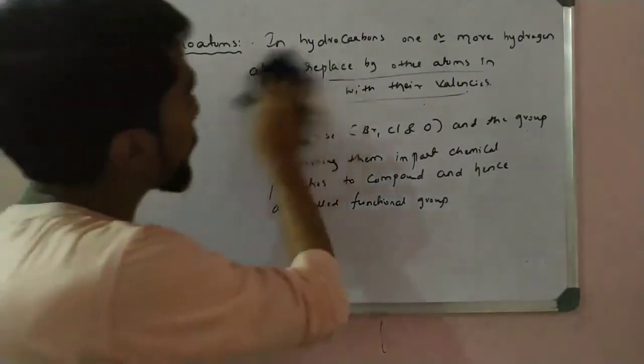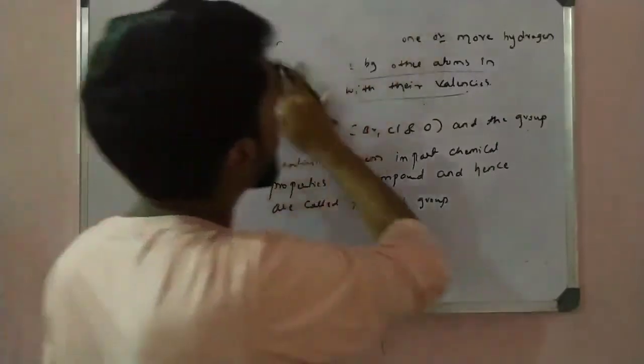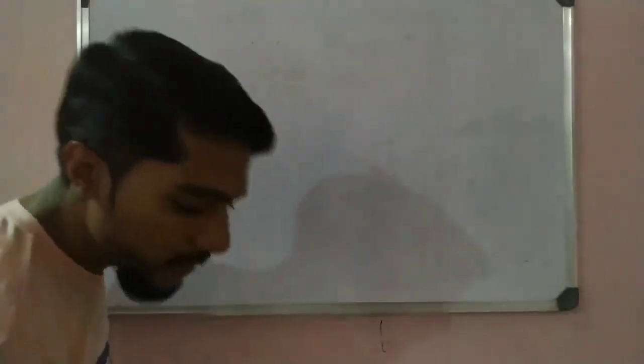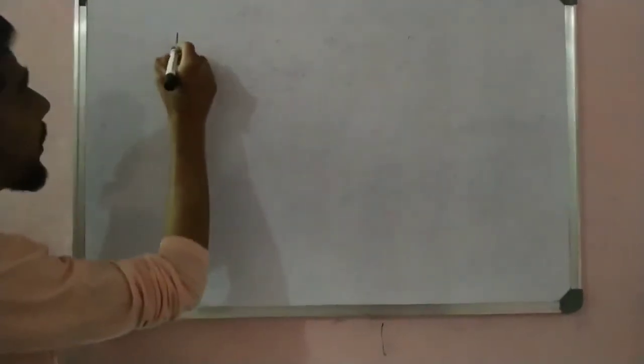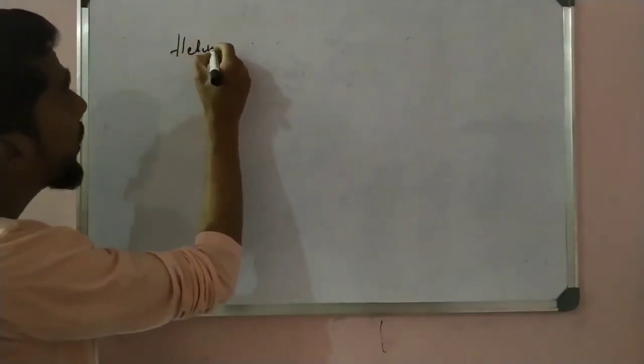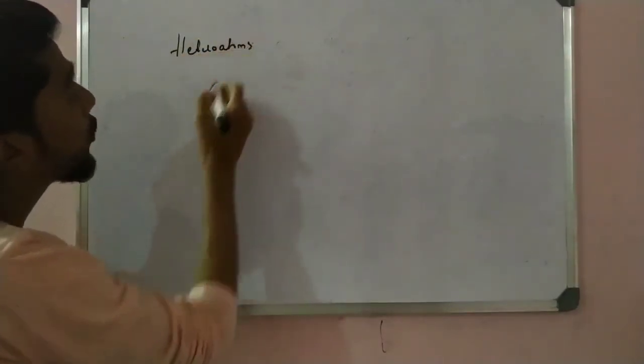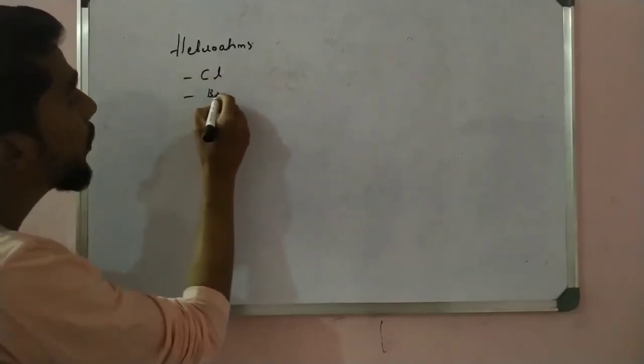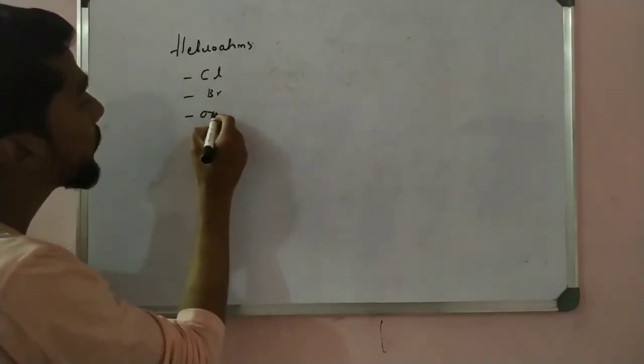Okay, now take one chart. This is very important for the understanding of the functional group, right? I can make the chart like that. First I make a column for heteroatoms. We know the heteroatoms: Cl is chlorine, one is bromine and one is oxygen.